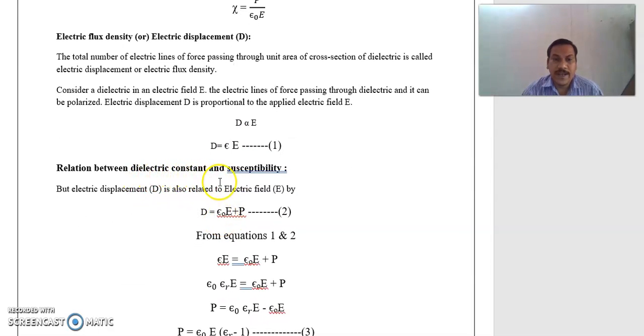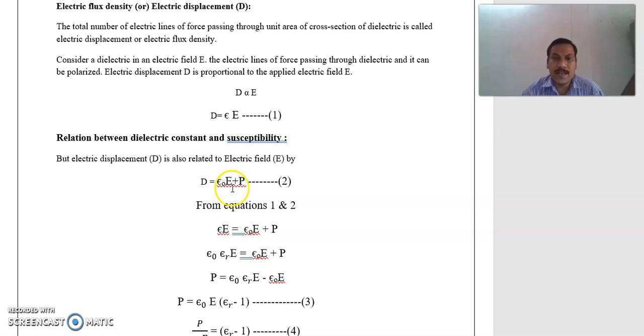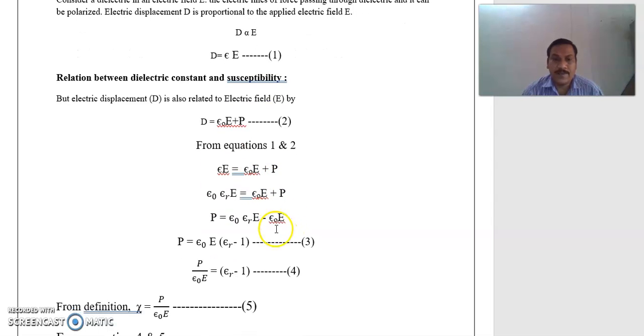Relation between dielectric constant and susceptibility. Electric displacement D is also related to electric field E by D equals epsilon naught E plus P. From equations 1 and 2, epsilon E equals epsilon naught E plus P, where the permittivity of the material epsilon is written as the product of epsilon naught and epsilon r.